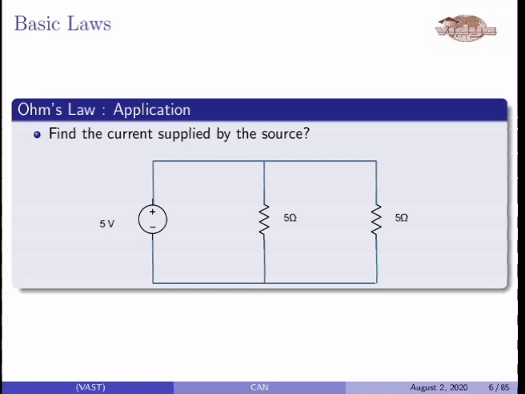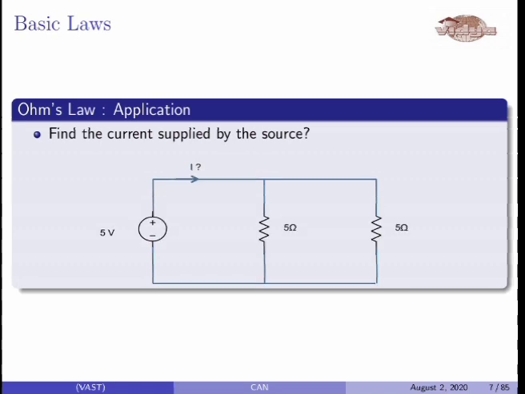Next, in this example, there are two resistors that are connected in parallel. You have to find the current supplied by the source. Here also, the voltage across each resistance is 5 volt because both of these resistors are connected in parallel to the voltage source of 5 volt. So how to find the current supplied by the source?